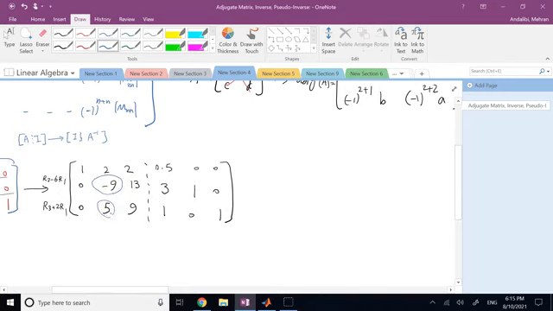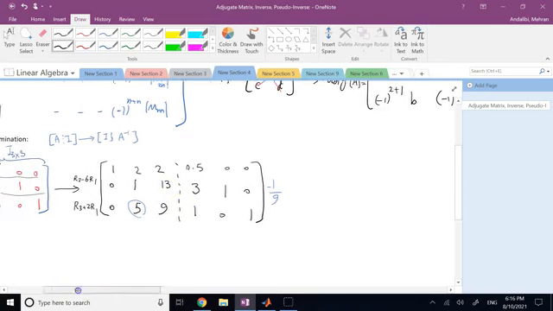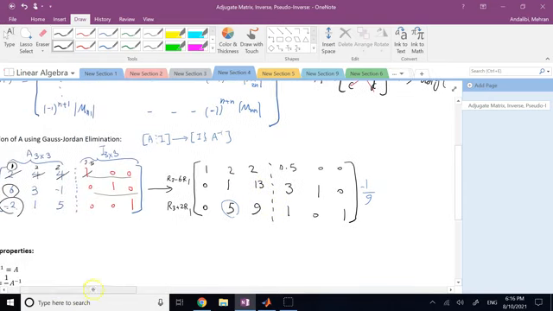Okay, so now I have to turn this into a positive 1 and then use it to eliminate this 5 and make it 0. So first thing, I multiply the second row by negative 1 over 9. If I do so, that will make that negative 9 a positive 1. Let me make sure.